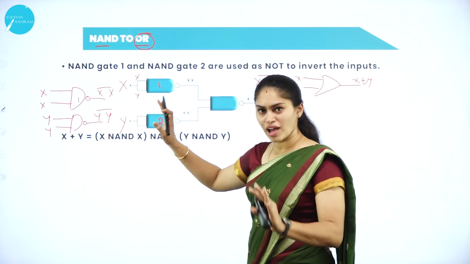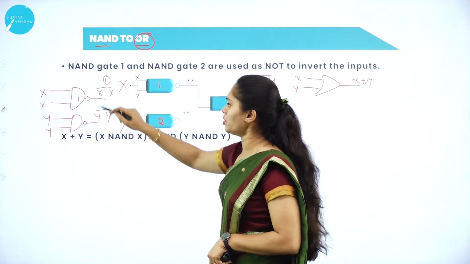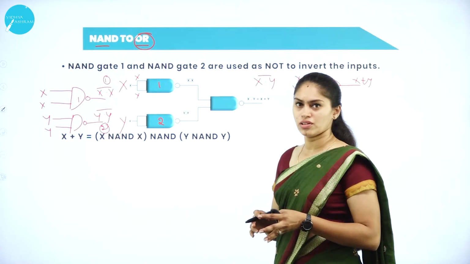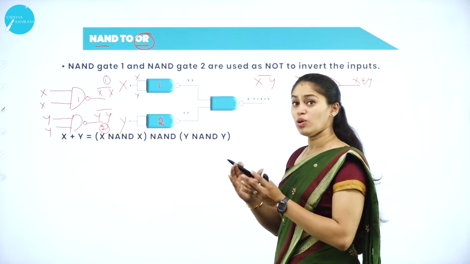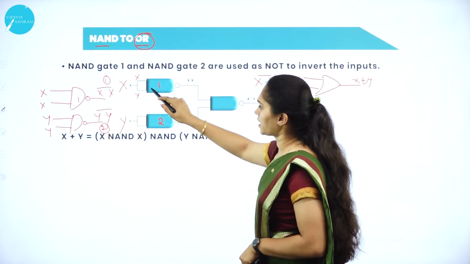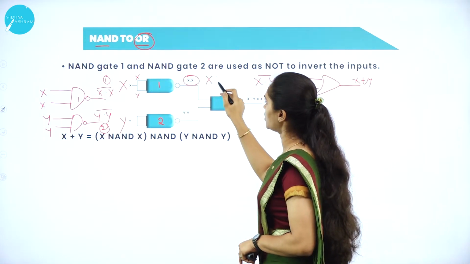So now what you have to understand? x dot x whole bar is one input and y dot y whole bar is another input. So that I am going to feed to another NAND gate. So we'll see here, when it comes to NAND gate 1, x dot x, then the output will be x dot x whole bar.